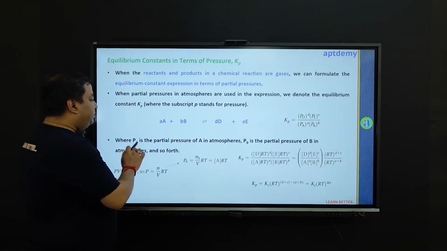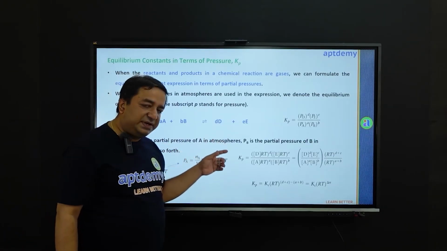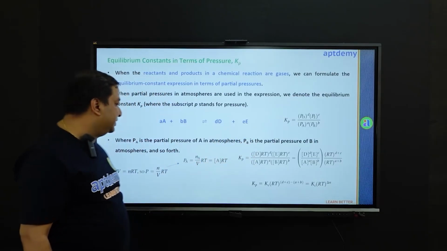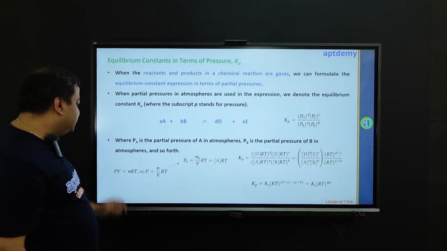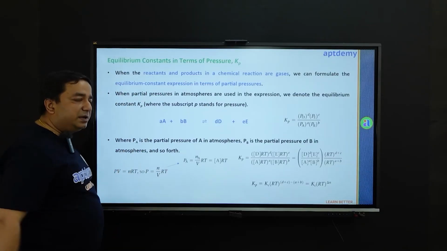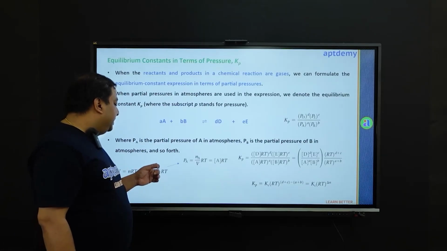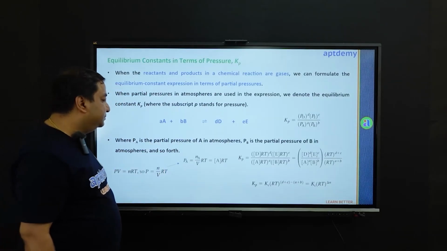Okay, where Pa is the partial pressure of A in atmospheres, Pb is the partial pressure of B in atmospheres, and so forth. Now we also know from our ideal gas equation that PV equals nRT, or we can write P equals n over V times RT.